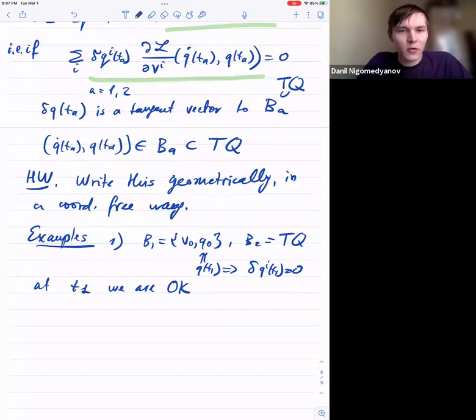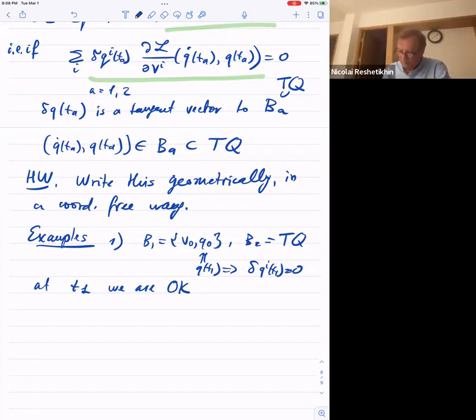Excuse me, I have a small question concerning the dimensions of these boundary conditions. Is it true that the sum of dimensions of these boundary conditions is equal to the dimension of our initial manifold or not? That's a very good remark. So we will come to this. So far in both of our examples, this is true. If you impose fewer conditions, you will have infinitely many solutions to this boundary problem.